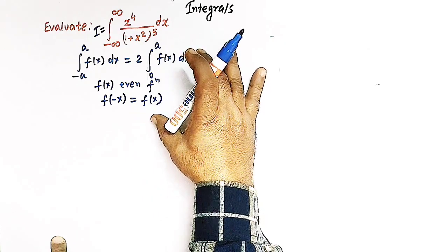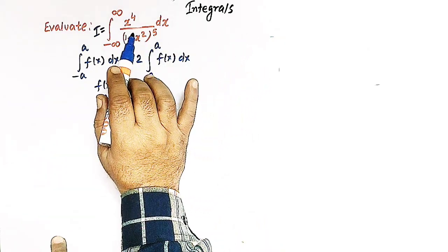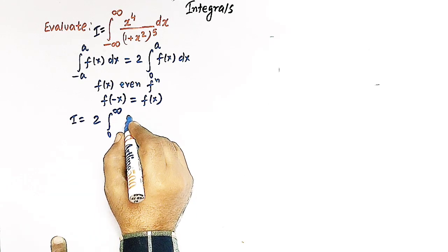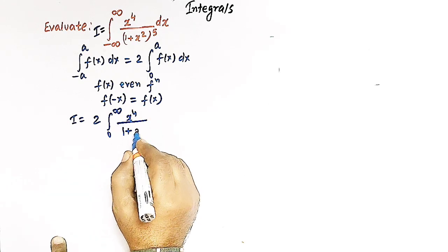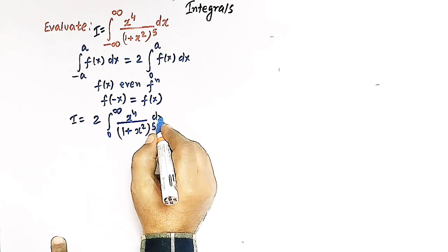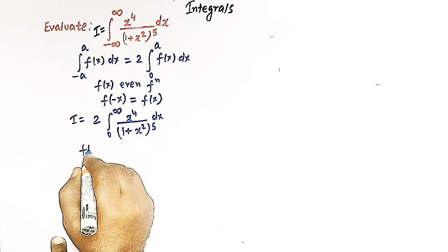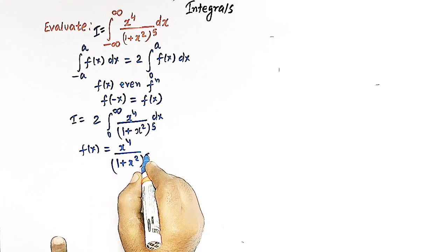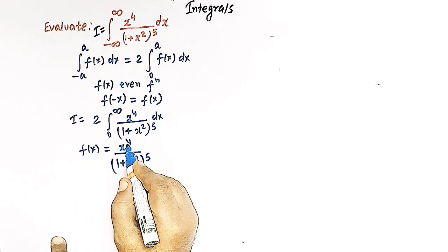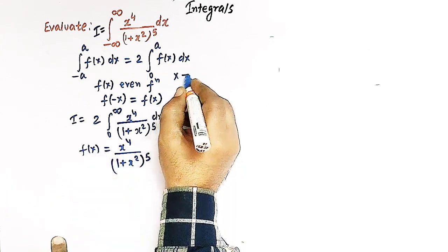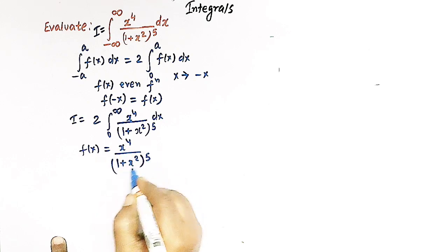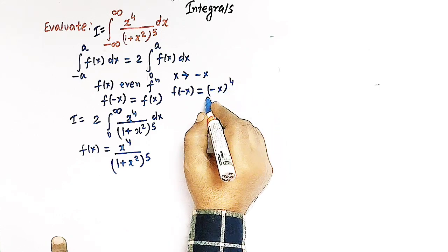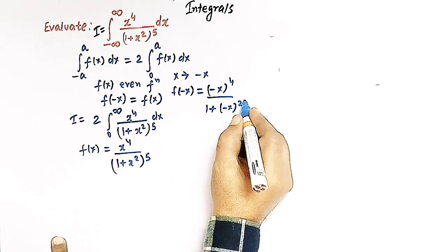So this is the first property which we are going to use to write this integral I as 2 times the integral from 0 to infinity of x raised to 4 over (1 plus x square) raised to 5 dx, because here the integrand is x raised to 4 over (1 plus x square) raised to 5, and we can see that the integrand is an even function, because if we replace x by minus x in this function, then f of minus x is equal to (minus x) raised to 4, and then we have (1 plus (minus x) square) raised to 5.